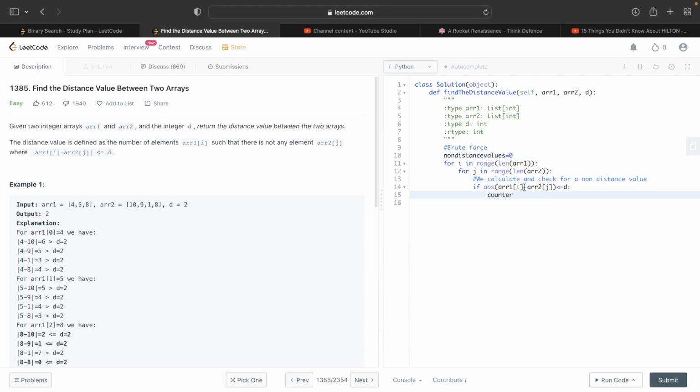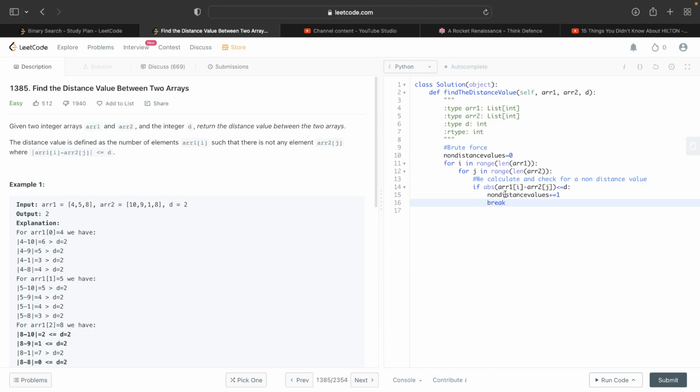So that means that this element at i is a non-distance value, because the absolute value of this formula is less than or equal to d. So non-distance values plus equals 1.